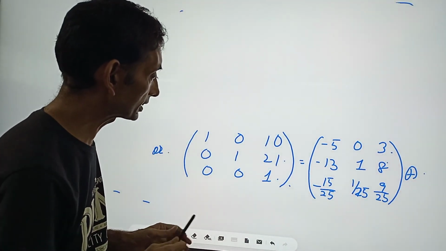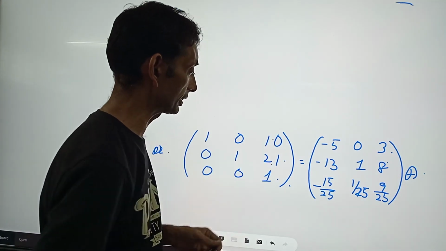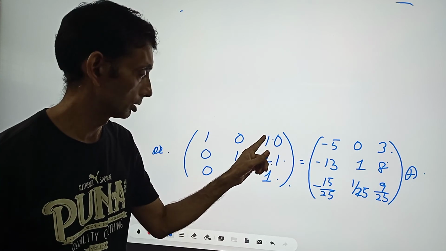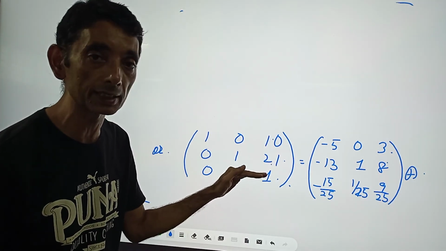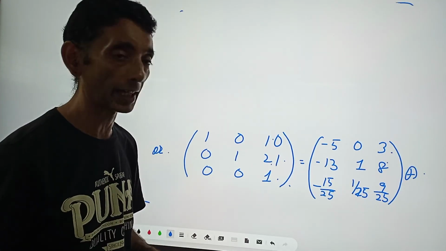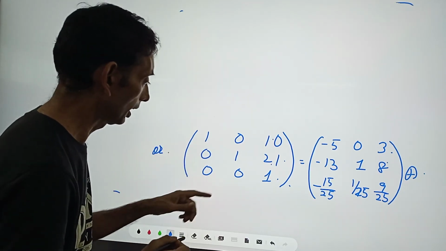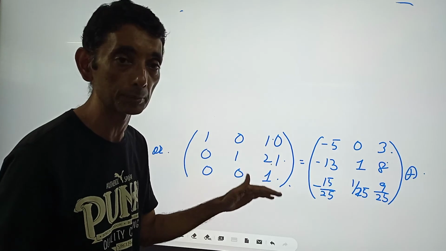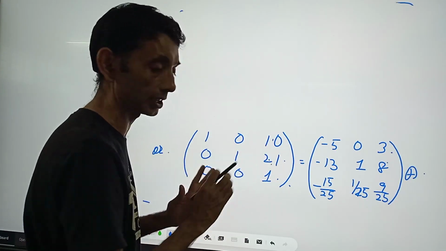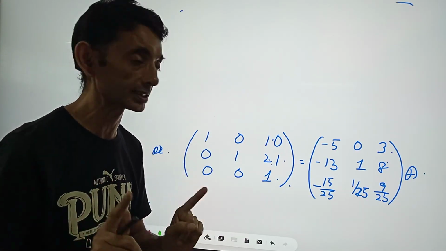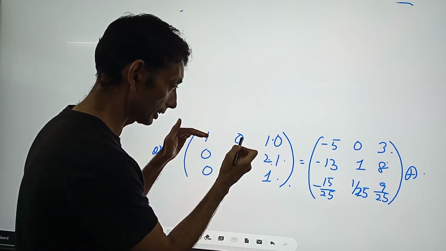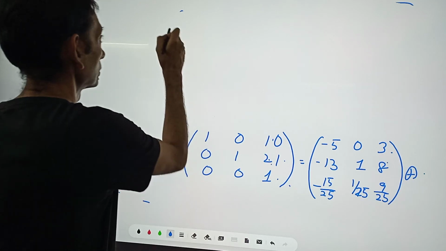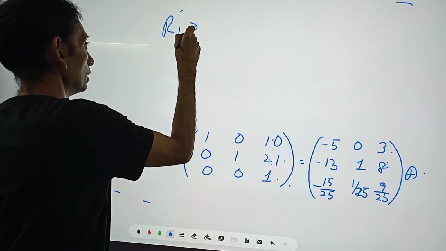Okay, so we'll focus on these two numbers, 21 and 10. Easily you can make this 10 into 0 if we multiply the third row by 10 and subtract, so it has to be 0. Similarly, this 21 also can be made 0, because we need to make these two numbers 0. Only that task is left. So we'll be changing both R1 and R2. How to change R1?